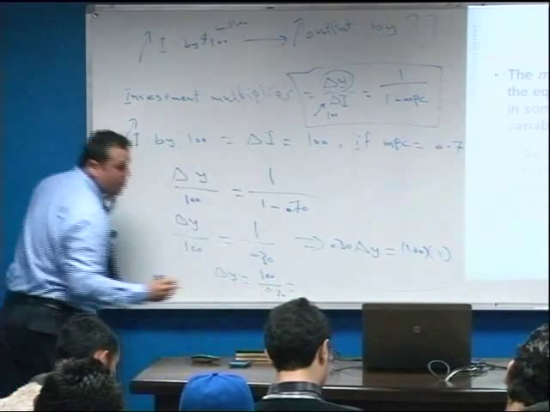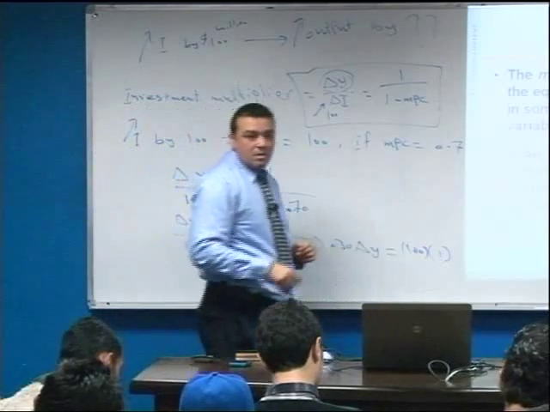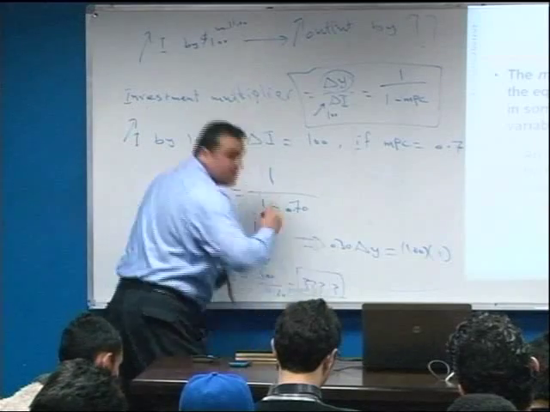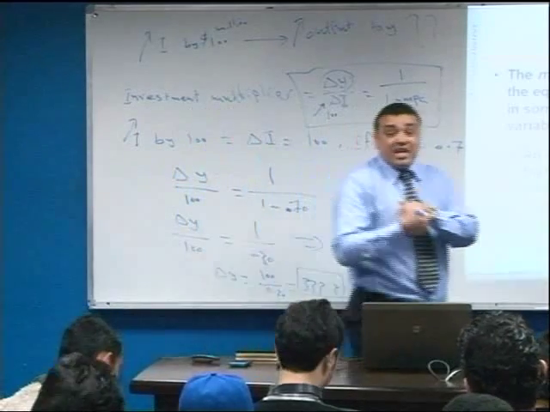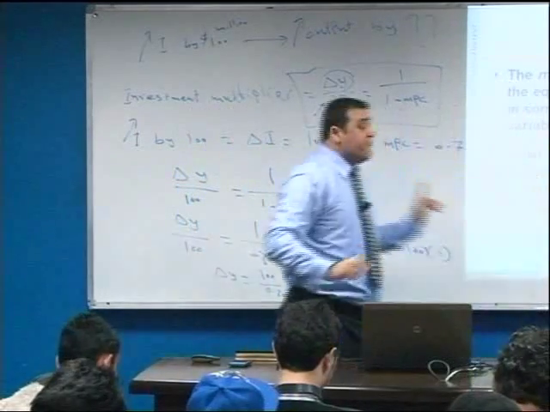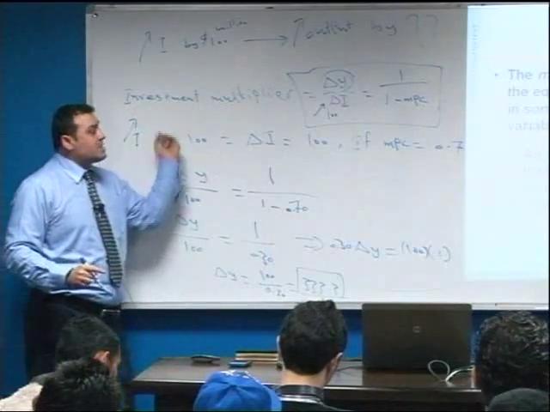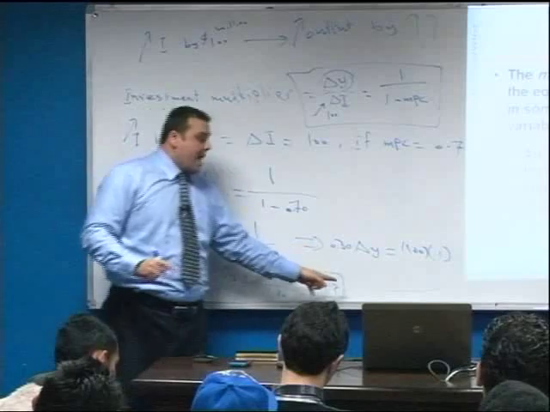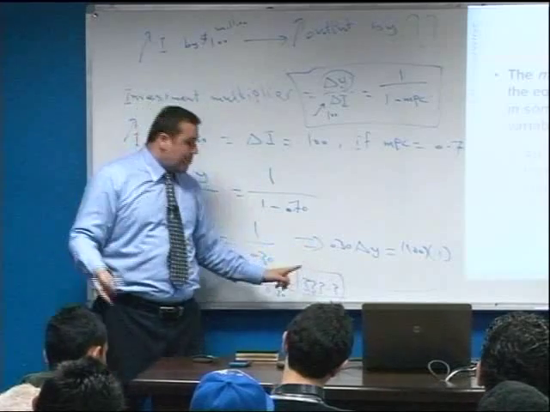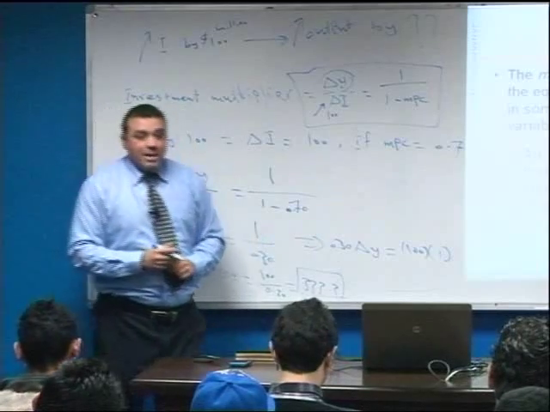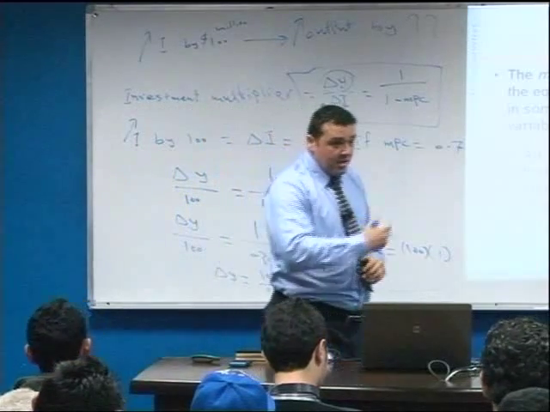So delta Y equals how much? 333.3. This means the increase in planned investment by $100 million leads to an increase in aggregate output or aggregate income by $333.3 million, right? By the end.